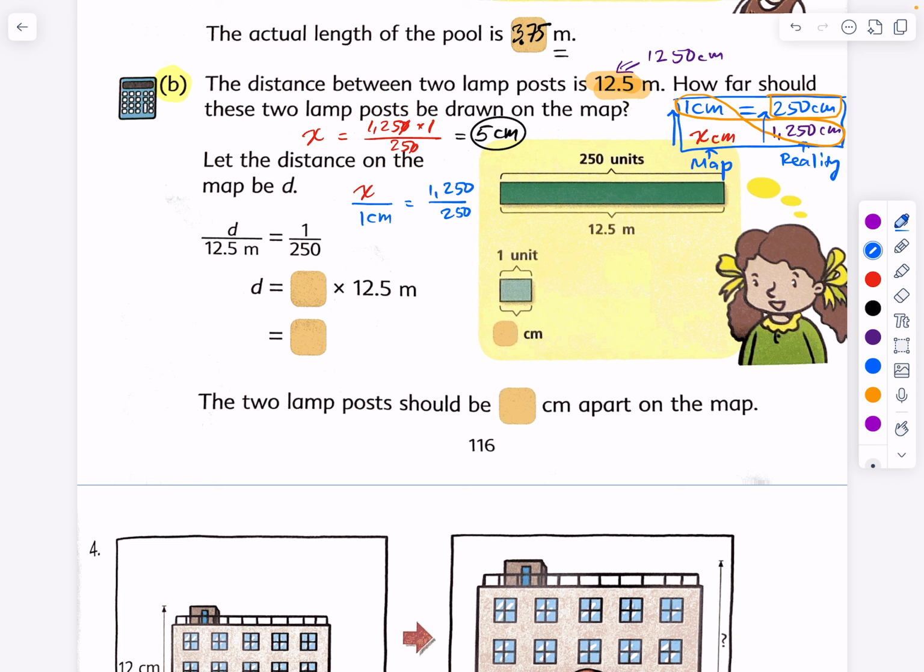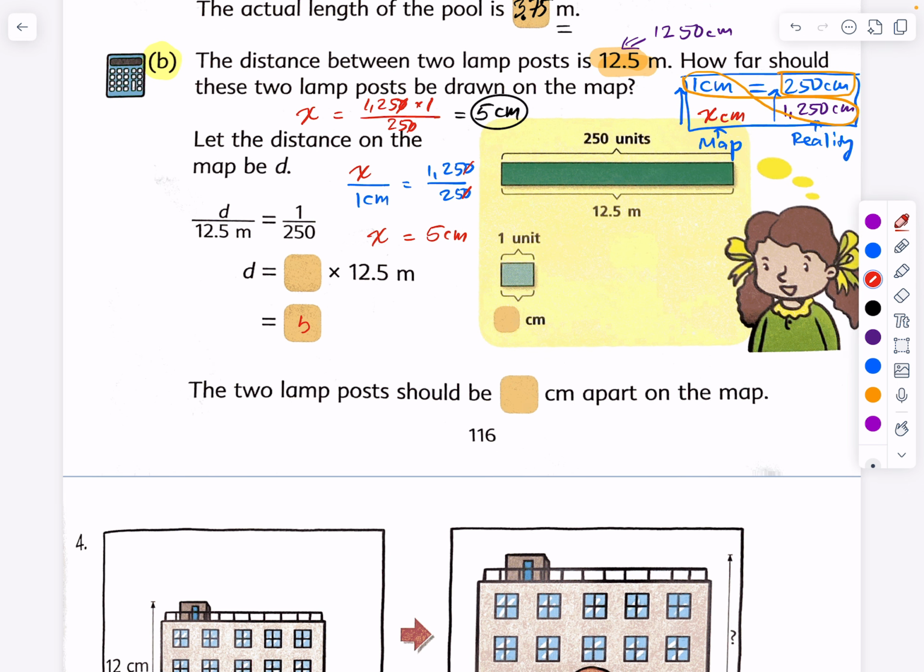As you see, the solution comes out the same, because dividing by 1 means no action whatsoever. We say 1,250 divided by 250 is 125 divided by 25 is 5 centimeters. Okay, so that's the answer. The distance on the map between two lampposts is 5 centimeters. I hope you found this helpful.